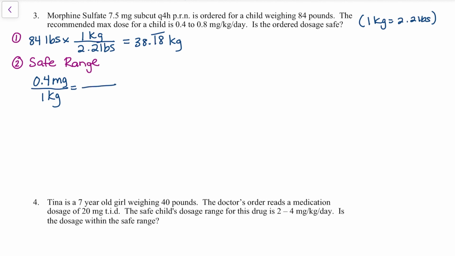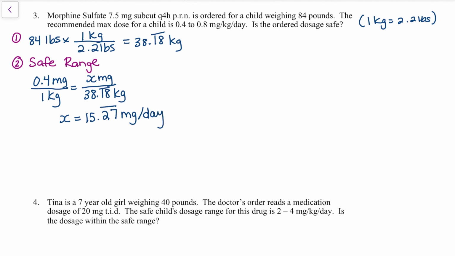Our child is 38.18 kilograms. How many milligrams would that child be on the low end of that? And they get x equals 15.272727 milligrams per day.